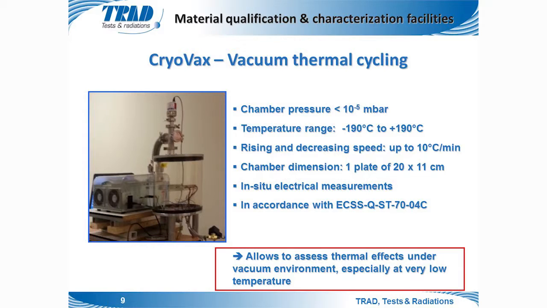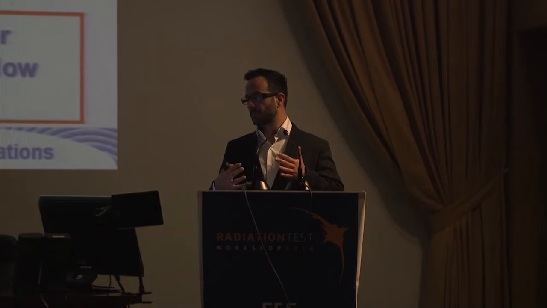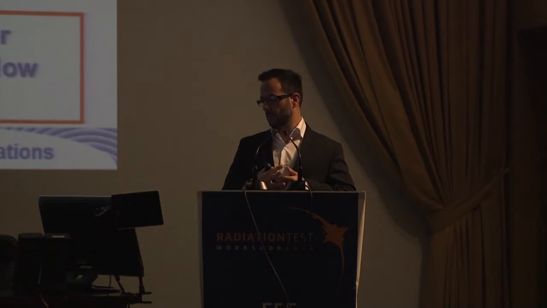And it allows to make thermal cycling with a high temperature range again, but this time with very low temperature, because it is from minus 190 to 190 degrees Celsius. The rising and decreasing speed is up to 10 degrees Celsius per minute.